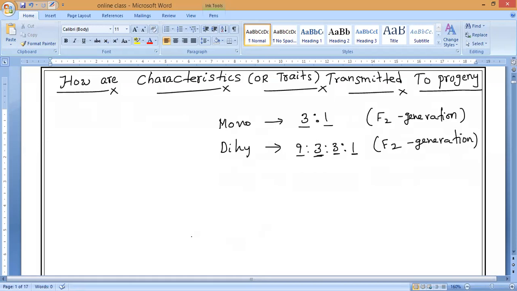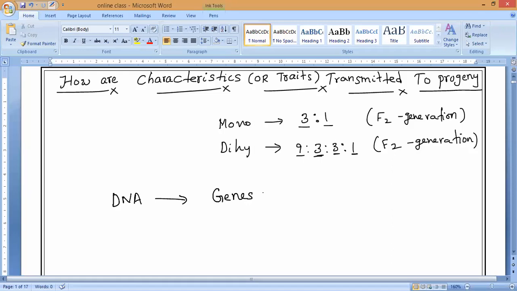Who is responsible for transmitting the characteristics to progeny from the parents? It is the DNA, which contains what, guys? Chromosomes. Genes. Genes are the basic units of transmission.